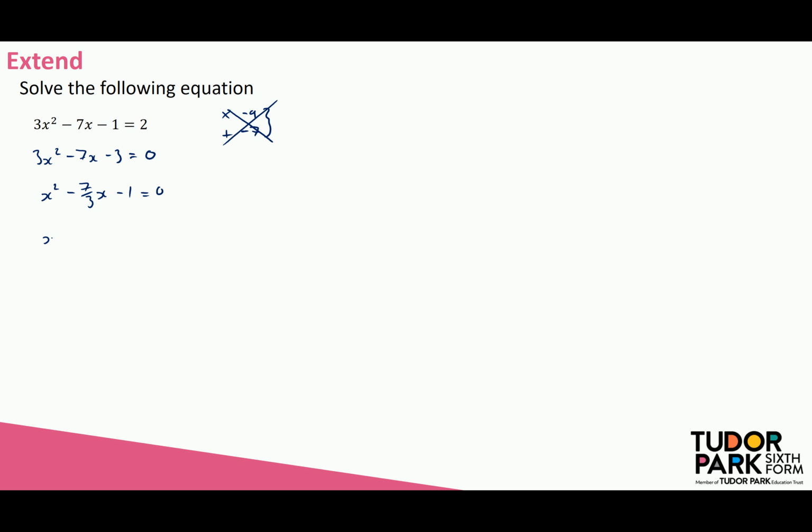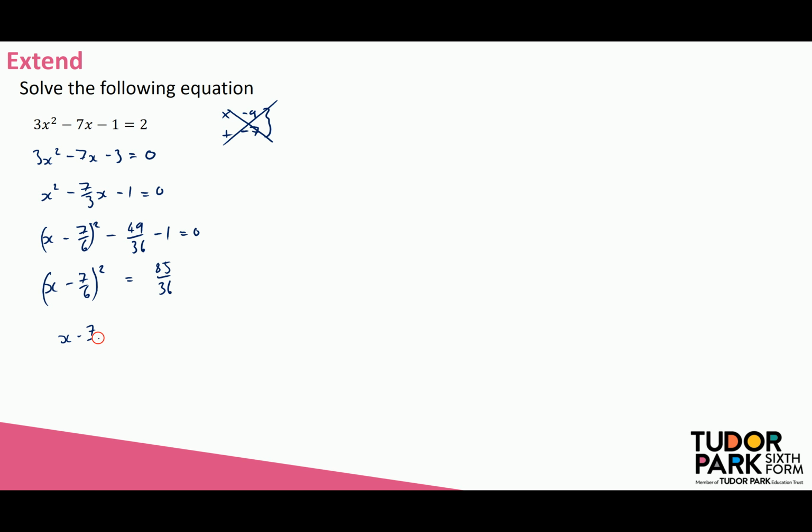Now I complete the square in the same way, so this is x minus 7 over 6 squared minus 49 over 36 minus 1 is equal to 0. So that would give me x minus 7 over 6 squared, and then combining these is going to give me 85 over 36.